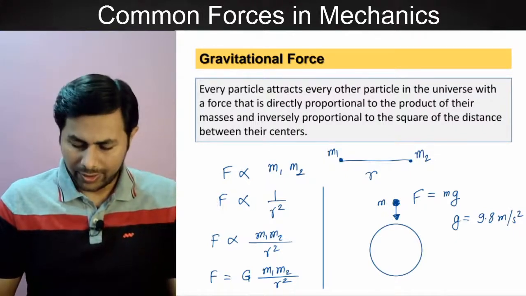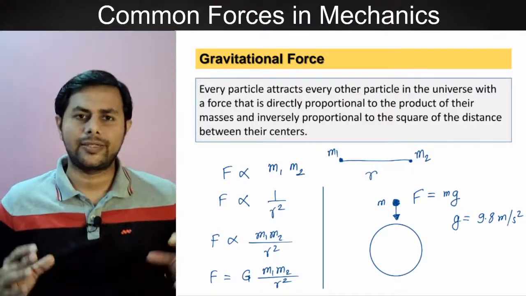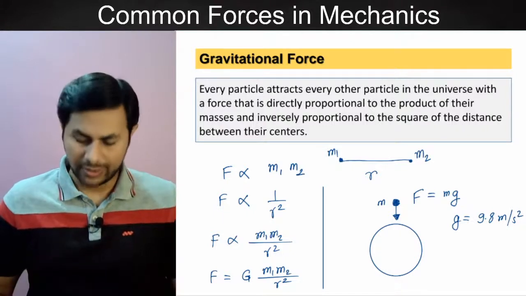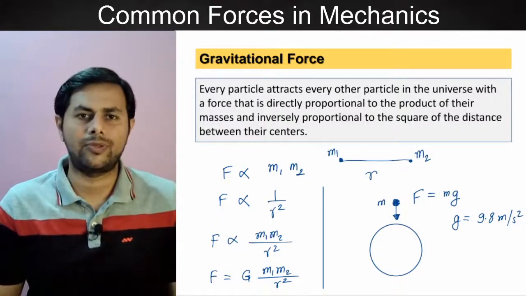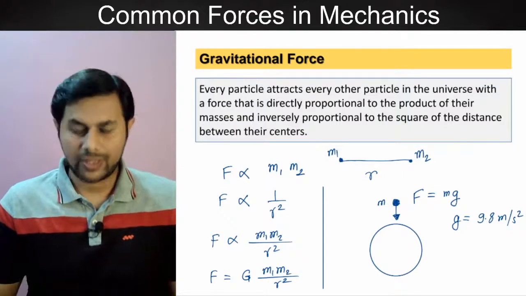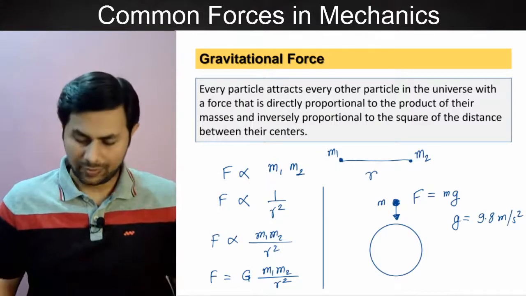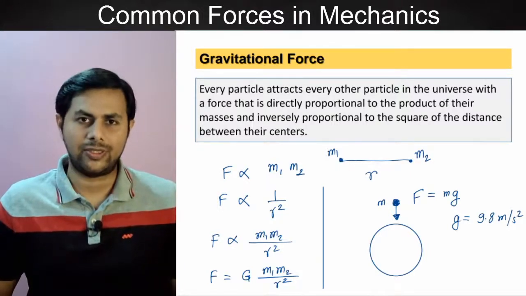Okay, so here we have seen that the gravitational force is directly proportional to the product of masses and inversely proportional to the square of the distance between two bodies. But in many problems we encountered till now, we have considered gravitational force equals m times g.